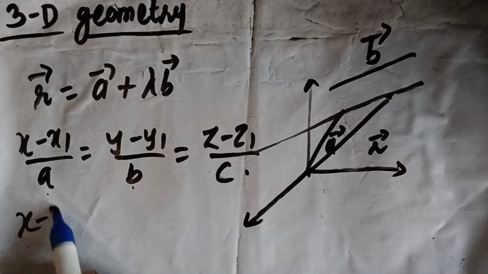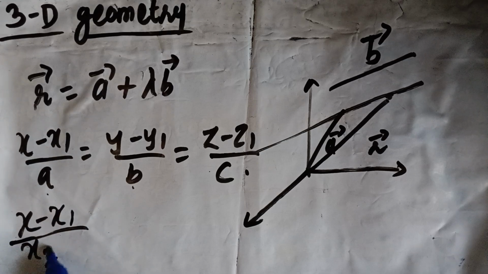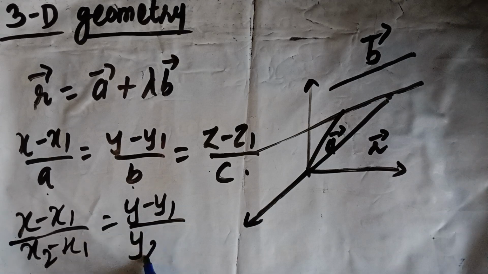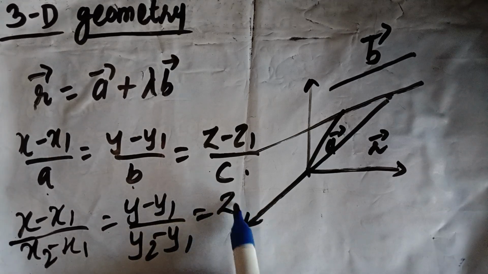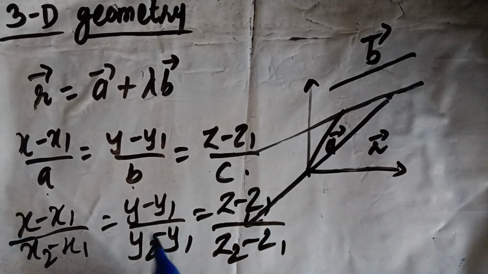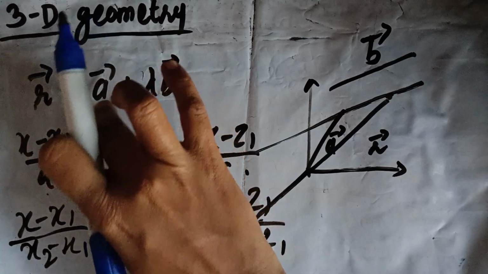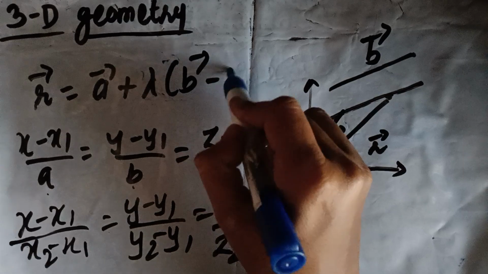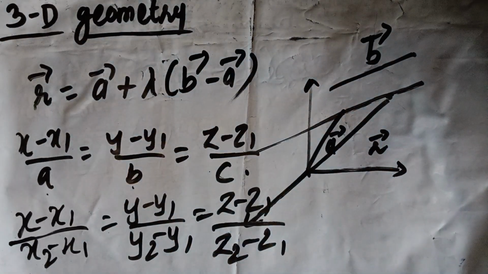Then this becomes x minus x1 upon x2 minus x1, y minus y1 upon y2 minus y1, z minus z1 upon z2 minus z1. In vector form it is r equal to a plus lambda times b minus a.